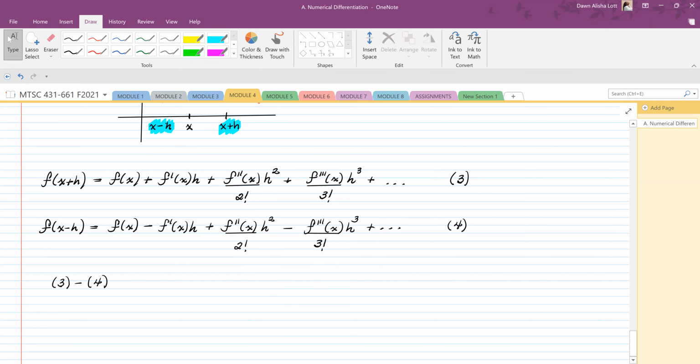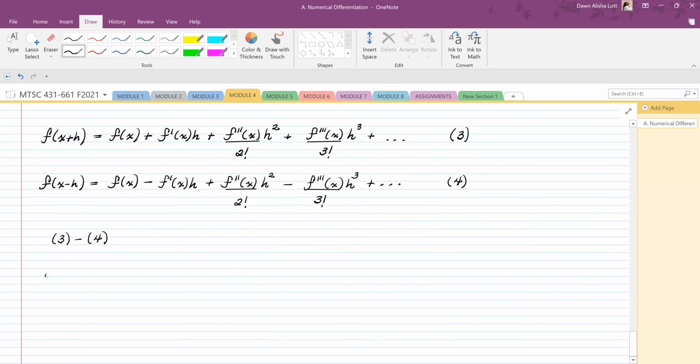And when I do that, I get f at x plus h minus f at x minus h. And I don't think I went out far enough. Yes, I did. Okay, so when I subtract, this goes away, and when I subtract, this goes away.